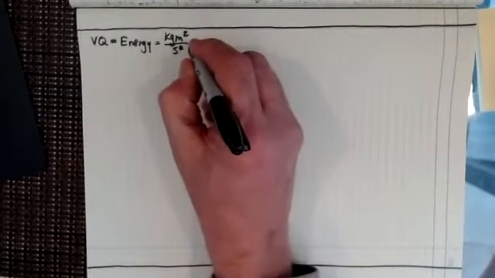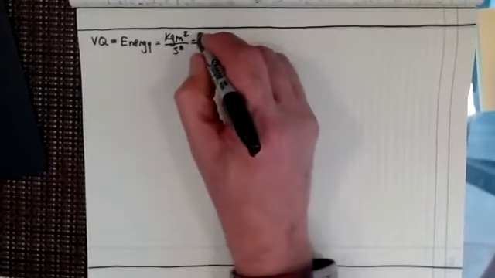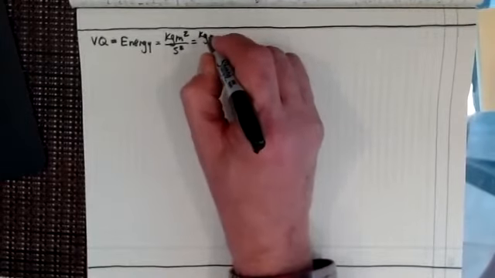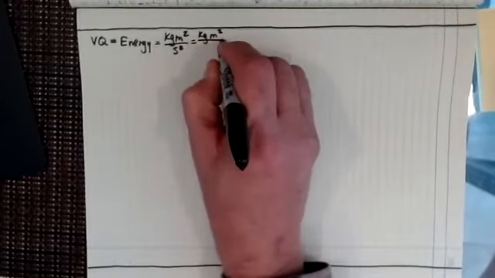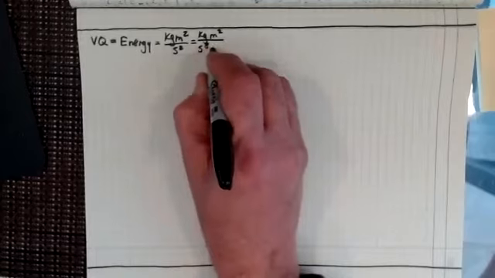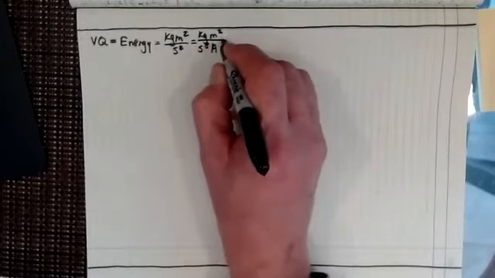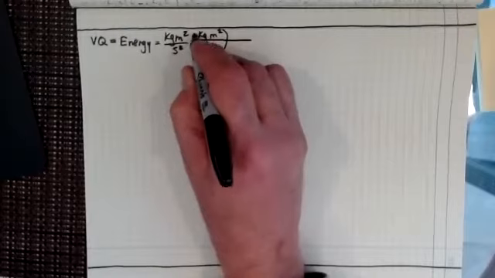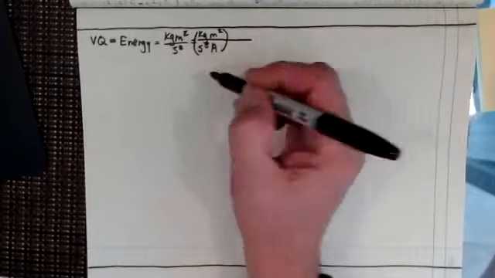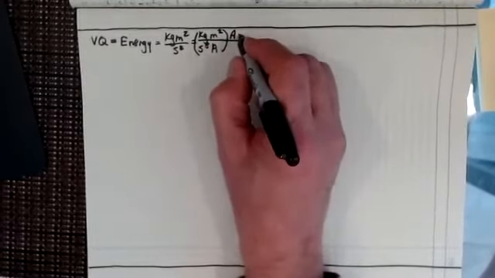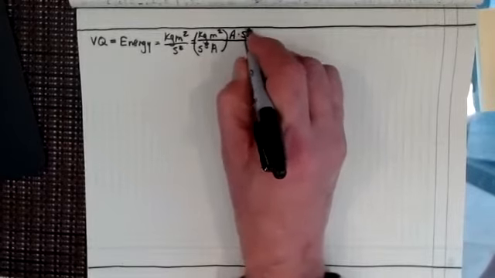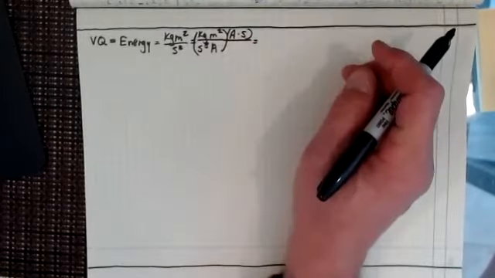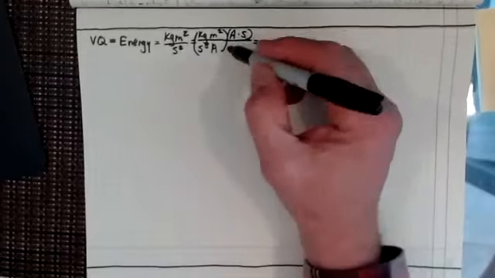And then if we look at voltage, we know that voltage is a kilogram meter squared over seconds cubed amp. And we know the charge is an amp second. That's what the combination of primary units are that define a coulomb.